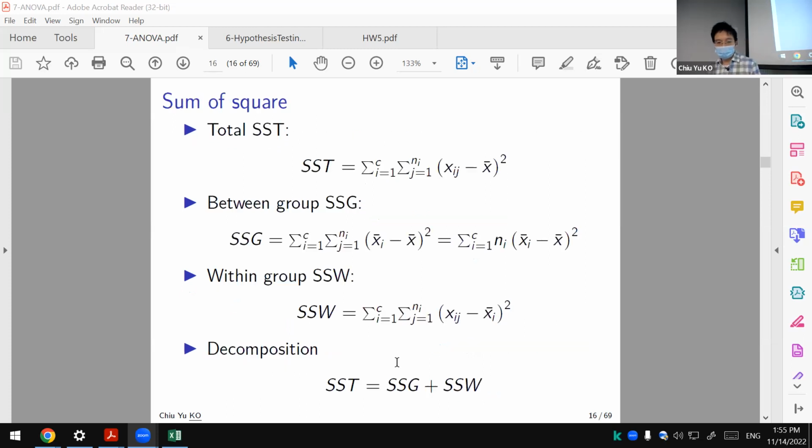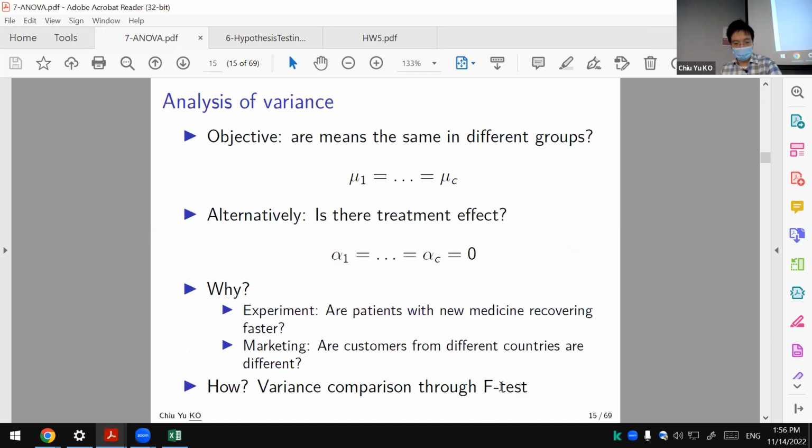Now again, I'm sorry there is terminology, because there are a lot of things to remember, but at least you know what's going on. What we are going to do is an F-test. F-test means we are comparing variance. And how do we compare variance?